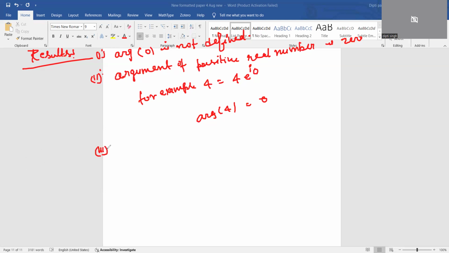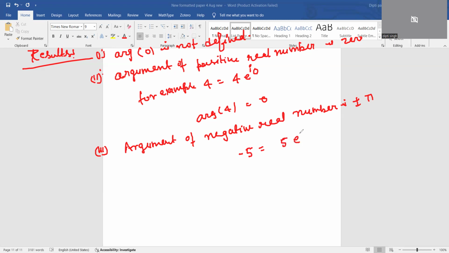Third one, argument of a negative real number is plus minus pi. If we have minus 5, it can be written as 5 e to the power plus minus I pi.